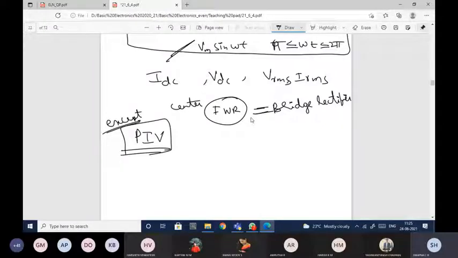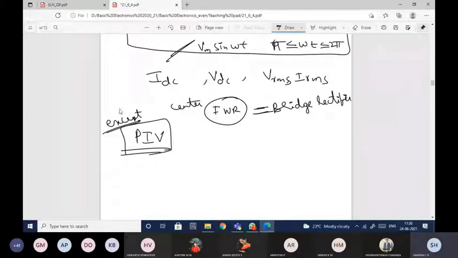Any doubts here? Make this point very clear. Whatever derivations we have done for center tap full wave rectifier are equally good for your bridge rectifier as well, except PIV. Why am I saying except PIV?